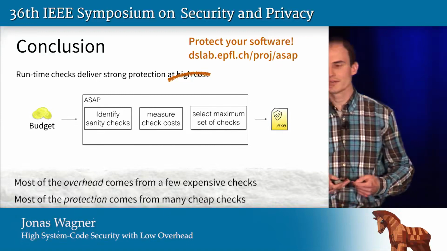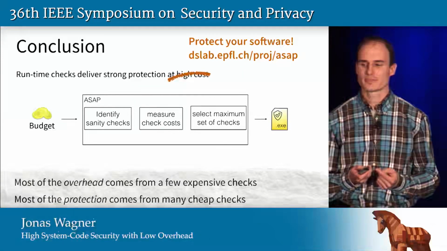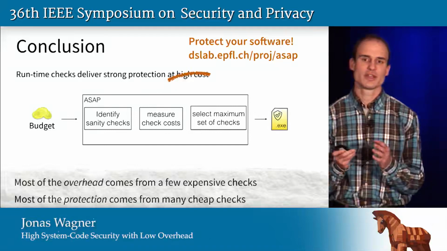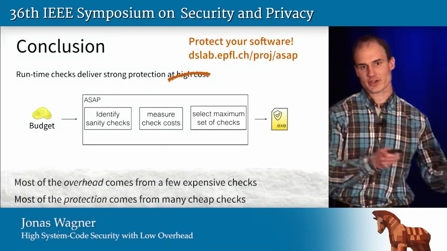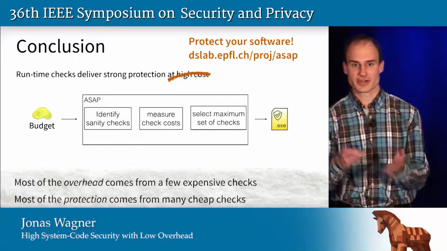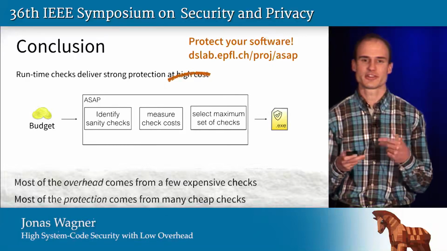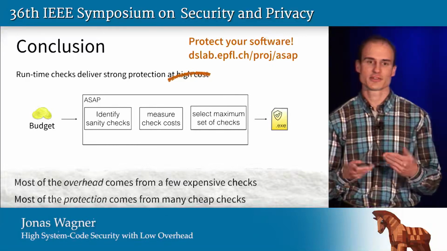Yes. So I think this is a great point. What we do is we look at each check and we select them or not purely based on their cost. And what you're saying is that you could also select checks based on their merit, or based on whether the operation that they protect has input-dependent data, right?